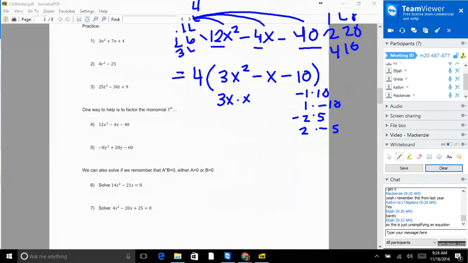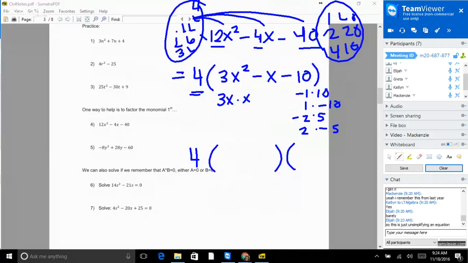So these are a lot fewer number combinations to deal with than my original equation, just by pulling out the 4. Okay, so now let's say we still keep 4 out front. And now we have to figure out how we can factor 3x squared minus x minus 10. Okay, we know it's going to be 3x and x because that's the only way to make 3x squared.